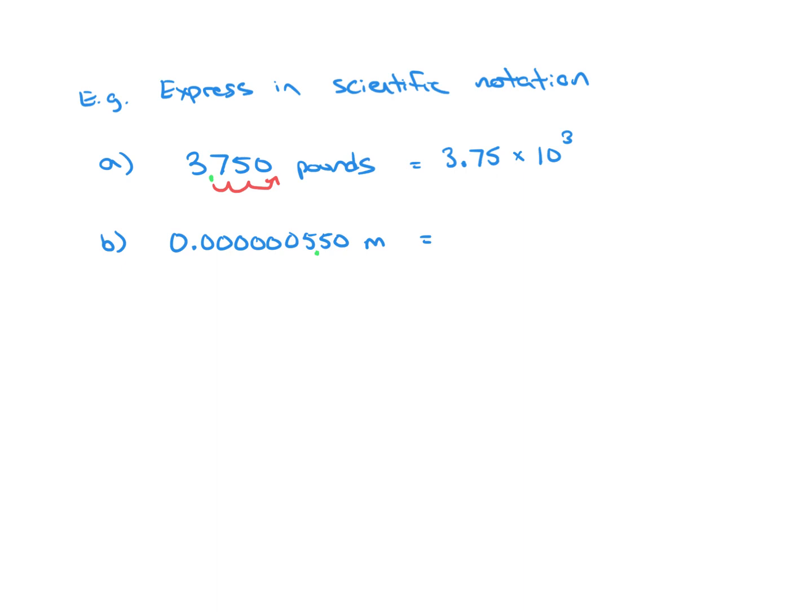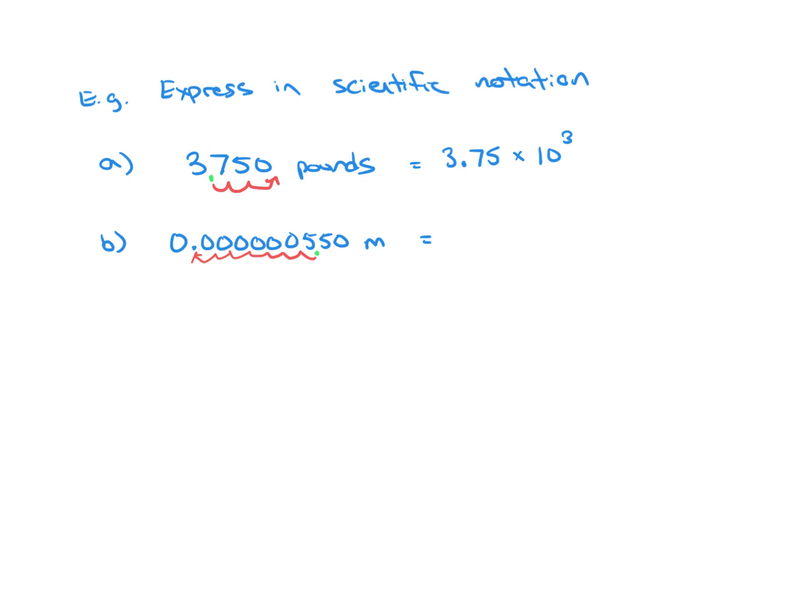This time, we have to slide to the left. Well, we have to get back to the original decimal point. 2, 3, 4, 5, 6, 7. Okay, we had to go 7 places to the left to get back to the original decimal point.